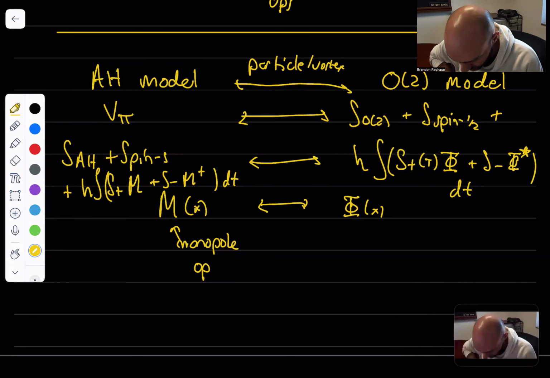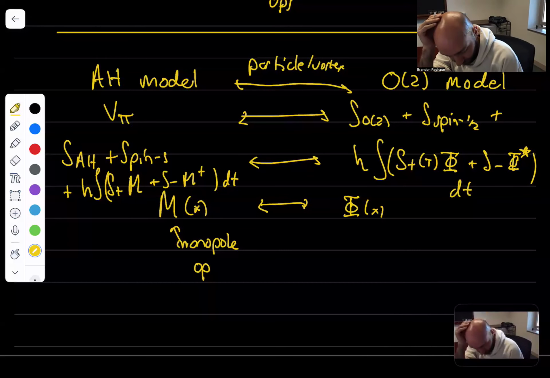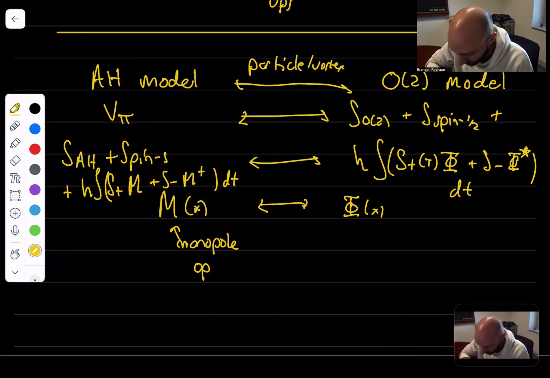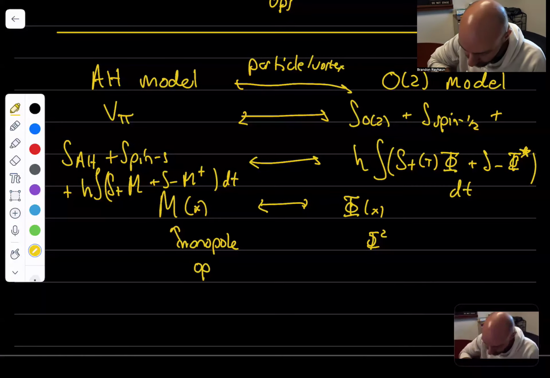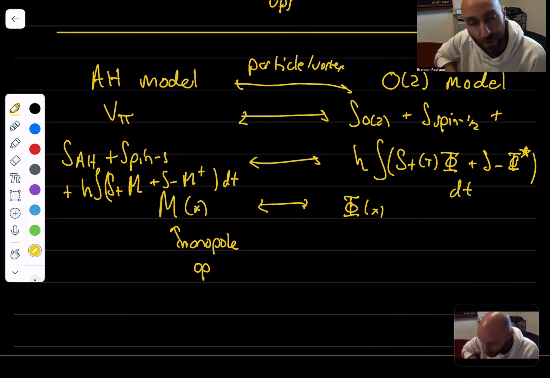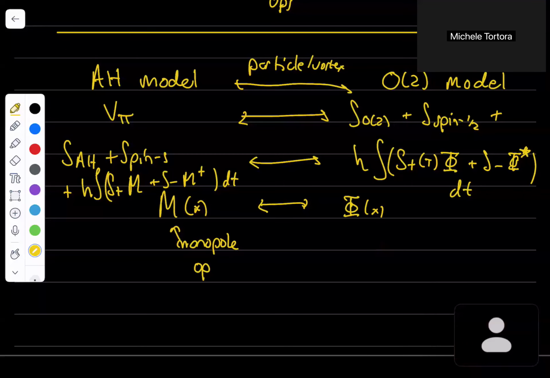You're asking what the charge two monopole operator maps to under particle vortex duality. That's a good question. I guess you have to write down charge two operators on this side. Of course, you can write down things like phi squared schematically, but I'm not remembering exactly what higher charge monopole operators map to. Thanks for the question.